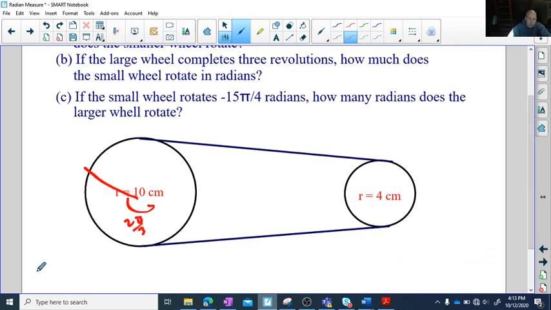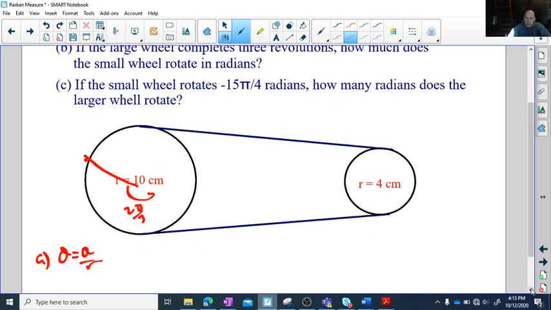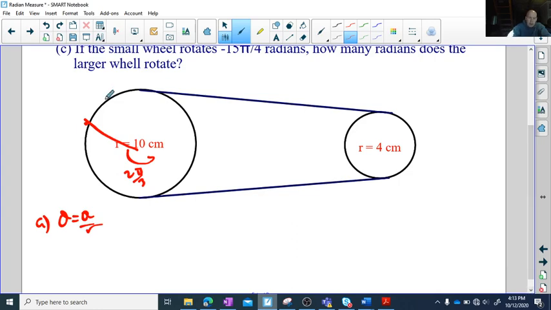I'll show you both. The first way is, let's figure out what the arc would have to be to rotate through 2 pi over 3 radians, because I know that theta equals arc over radius. We know the radius and we know the angle that the big wheel is going to turn, so we should be able to figure out the arc it spun on the outside, or how far the belt traveled.